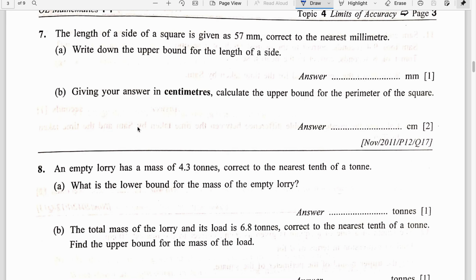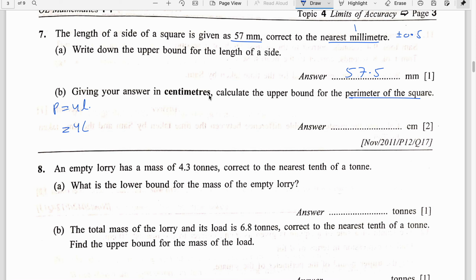Question number 7. The length of a side of a square is given as 57 millimeters correct to nearest millimeter, that is 1. So accuracy would be half of that. Write down the upper bound for the length of the side. So we add this to get 57.5. Giving your answer in centimeters, calculate the upper bound for the perimeter of square. So perimeter of square is 4 times length. You have 2 methods.